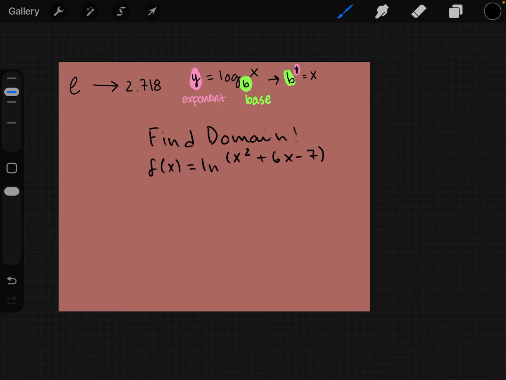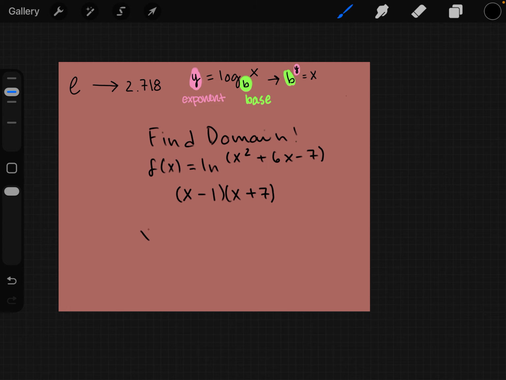Okay, so like we just did with our domain questions, we know it has to be greater than 0, but we have to factor it first. So what adds to 6 and multiplies to -7? It's going to be x minus 1 and x plus 7. I'm not doing the box at this point, guys. You should know how to factor by now, and if you don't, you can watch me do it in other videos. So we just take these equations?